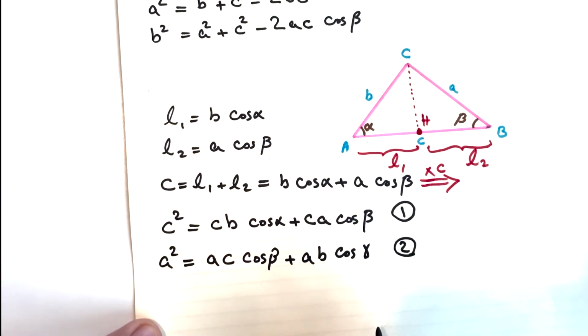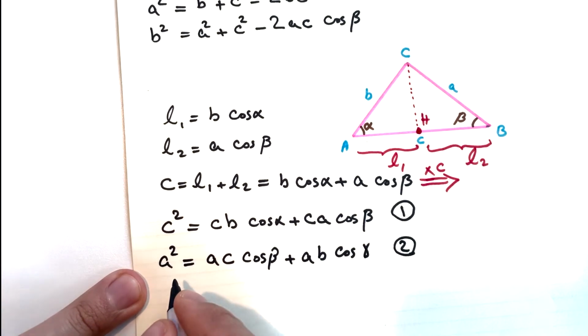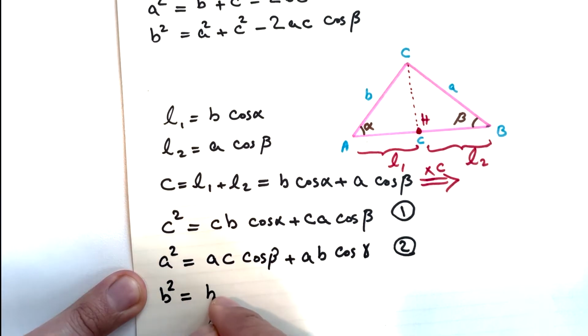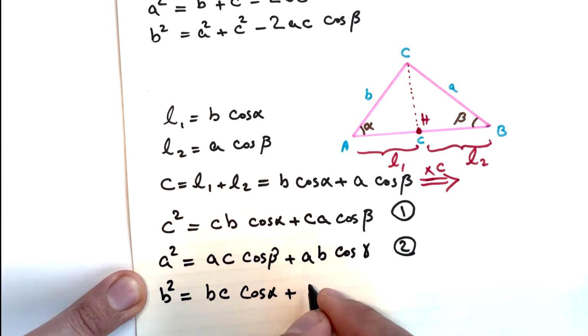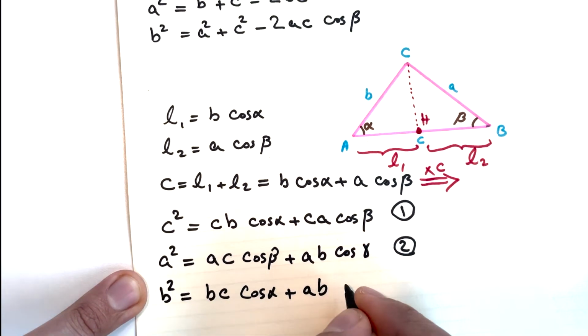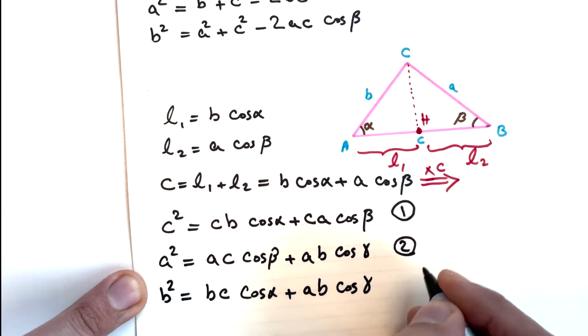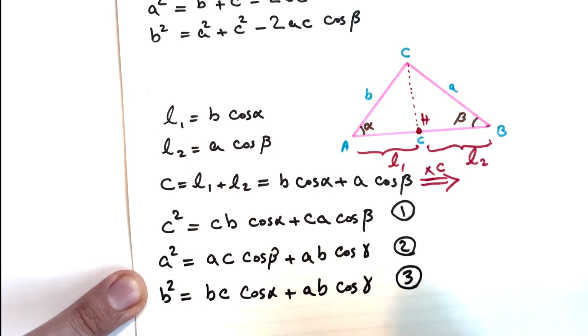I'm going to call it equation number 2. And again for side b, b square is equal to bc cosine alpha plus ab cosine gamma. I'm going to call it equation number 3.